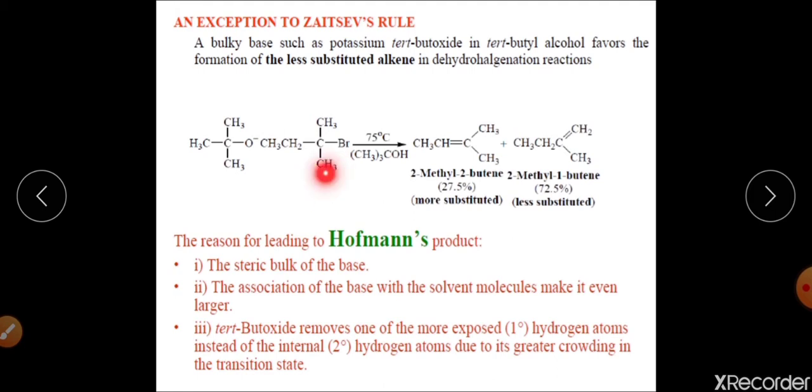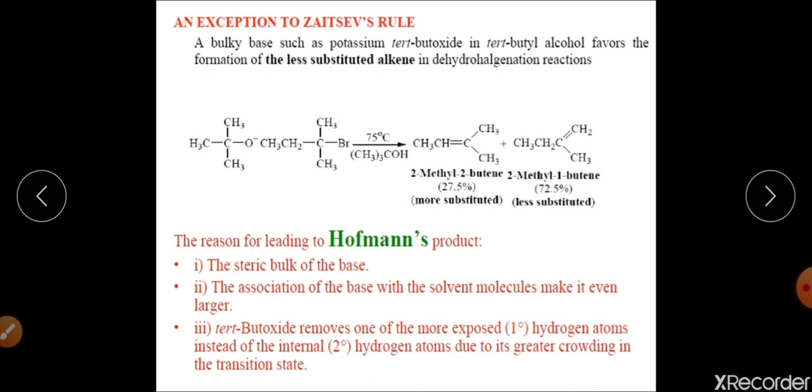When this particular substrate undergoes dehydrohalogenation reaction, you can see that this is the carbon bearing the bromine, the leaving group, and these are the beta carbons. When the hydrogen from this particular position is eliminated, it will give rise to the Saytzeff product, a highly substituted alkene.